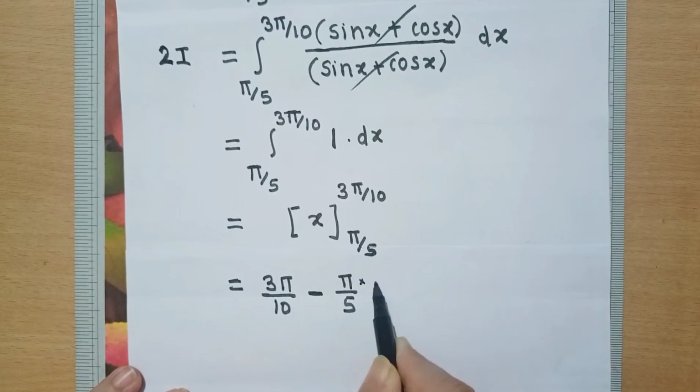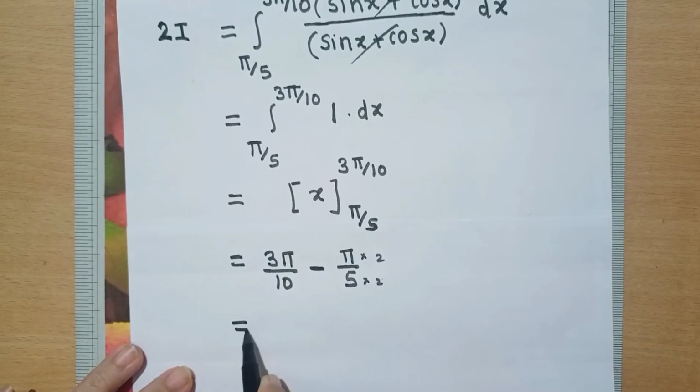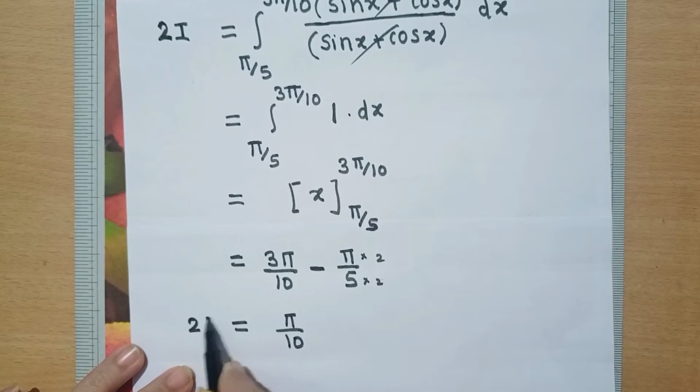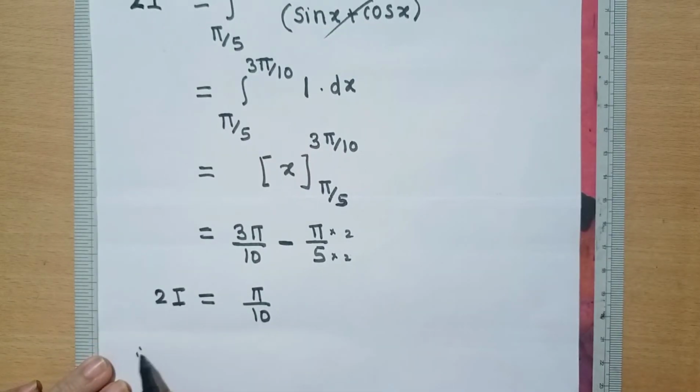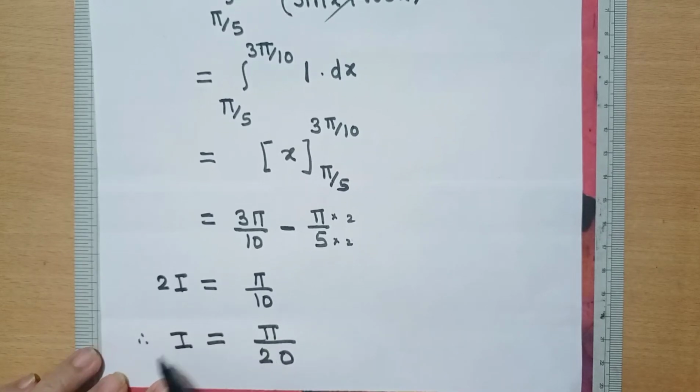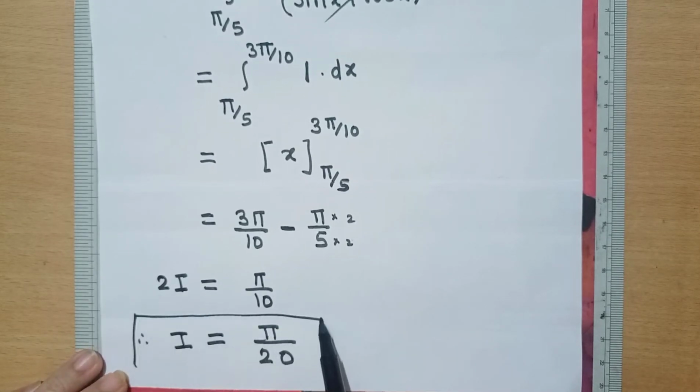Again we have to multiply by 2, and so 3 pi minus 2 pi is simply pi by 10. This is 2I equal to, divide the equation by 2, and therefore I is equal to, dividing by 2, we have pi by 20. So the value of our given integral is pi by 20.